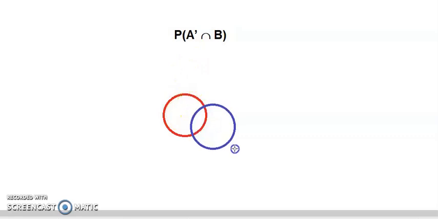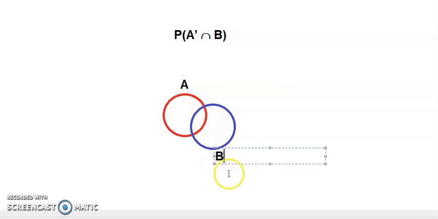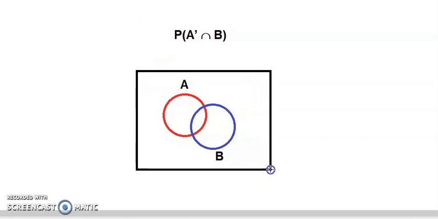Let's say I draw a circle for event A first, and then this one for event B. The area in the middle will be the intersection of A and B. So this is A, this is B, and this is the whole set.